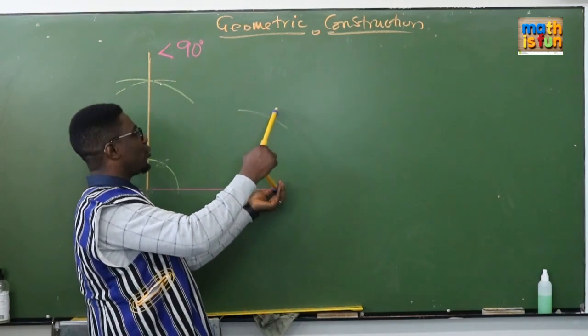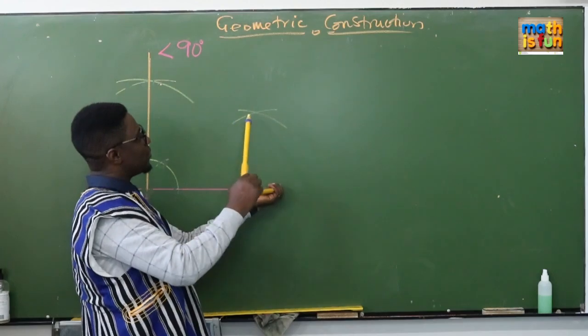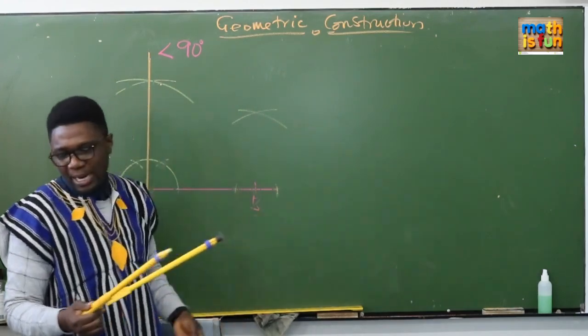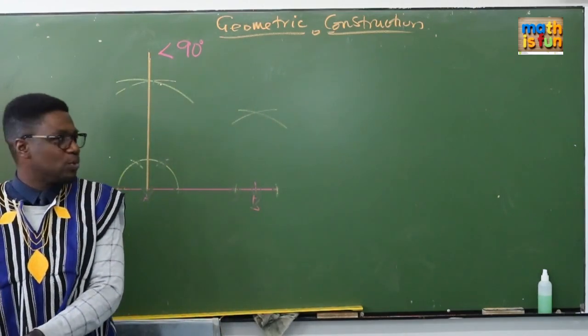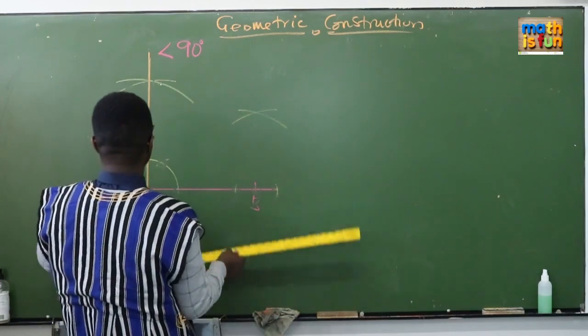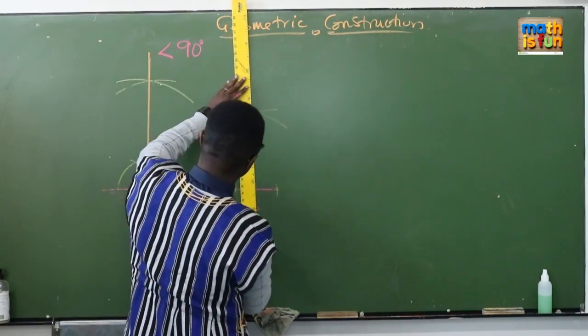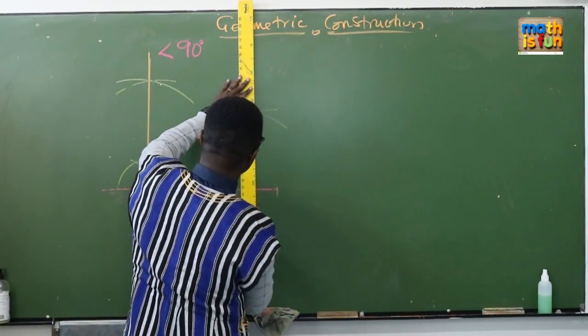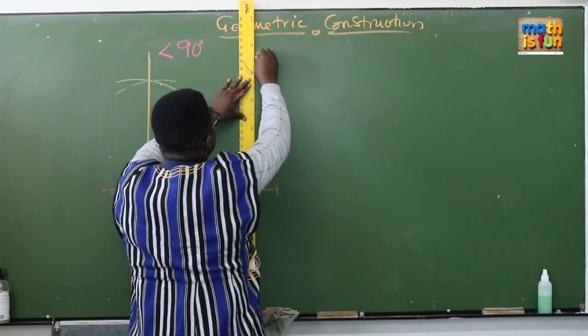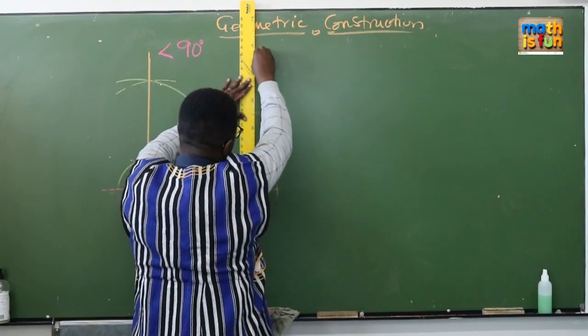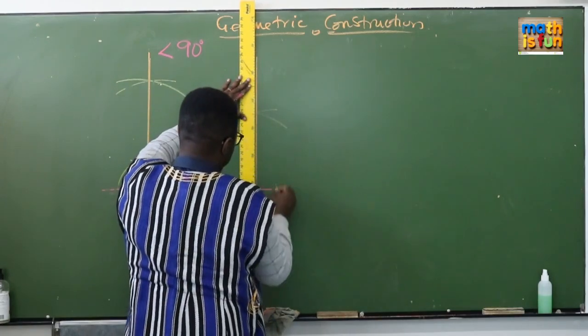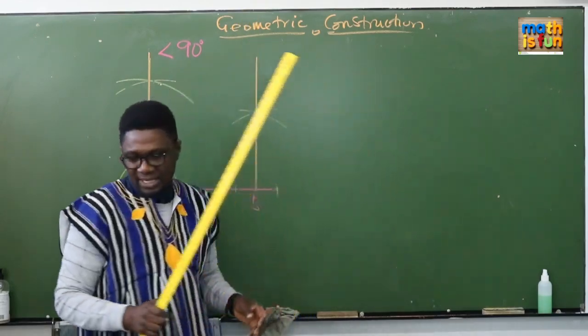Then here you pin on where the arc met that line, you construct another arc, then your line also goes through. So you get to see that here will give you 90 degrees. If I come to this side also, on my point B, I will also get a 90 degree. If your construction is done well, you also get a 90 degree.